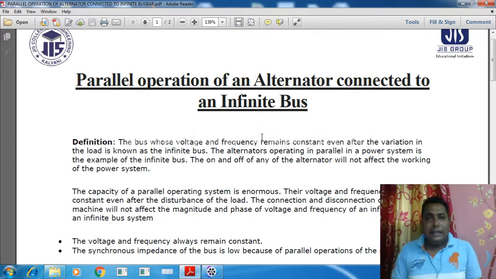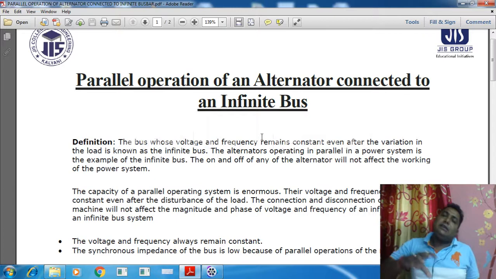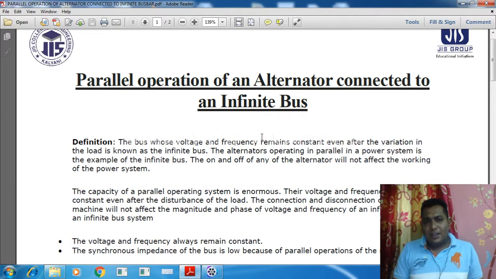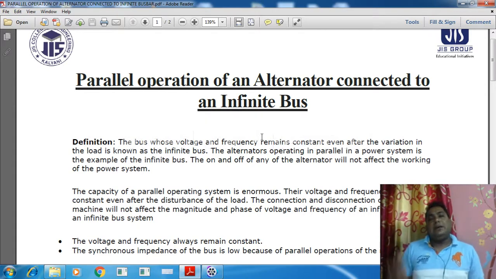Now when we are thinking of different alternators, one alternator is here in West Bengal, and the second alternator is at Tamil Nadu or Karnataka. The distance between these two is very high. So if there is any change in the alternator in West Bengal, there will be no effect on the second alternator at Tamil Nadu or Karnataka.